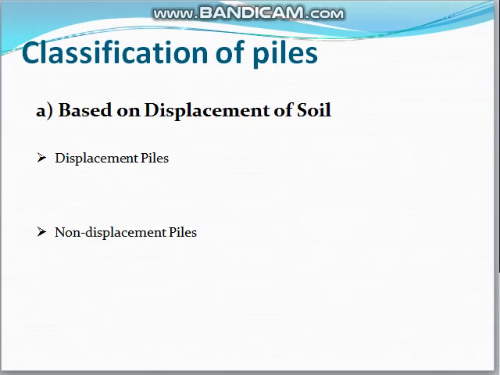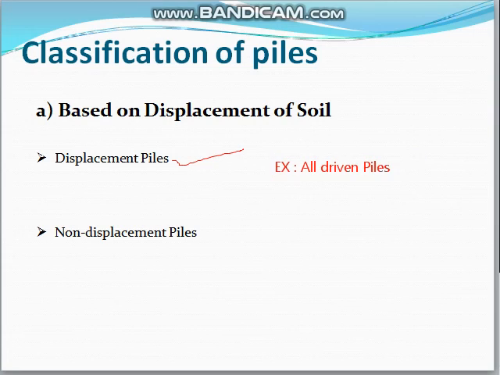The first one is the displacement pile. Piles which cause lateral displacement of soil when they are installed are called displacement piles. For example, we can say that all driven piles are displacement piles.